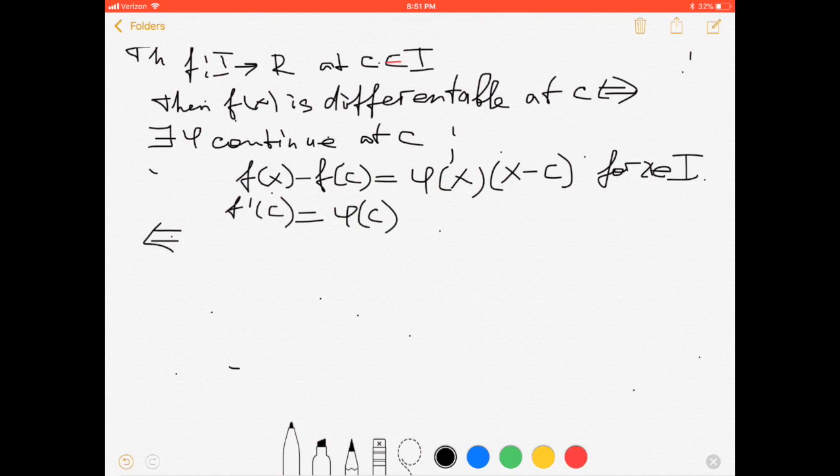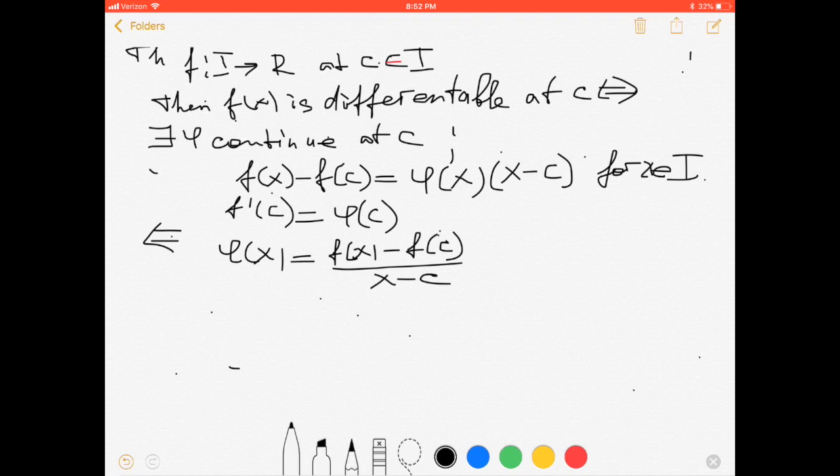Proof of the other way. Let's go. Our function phi(x) is (f(x) minus f(c)) over (x minus c).